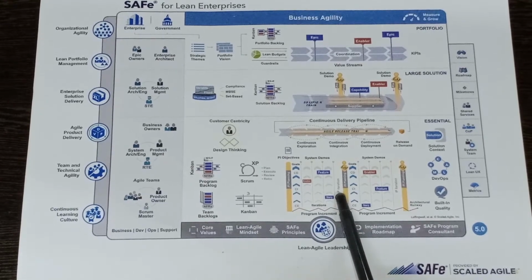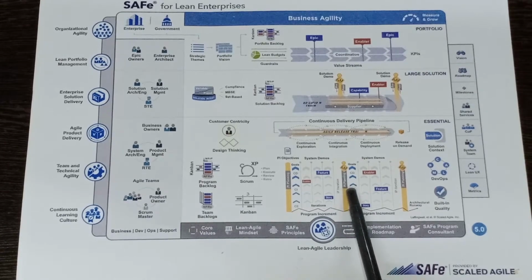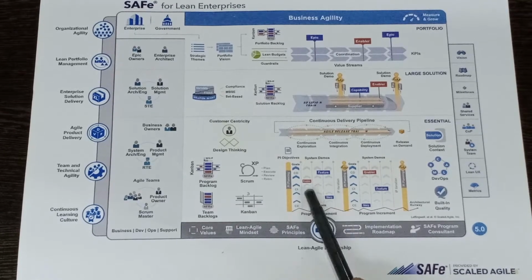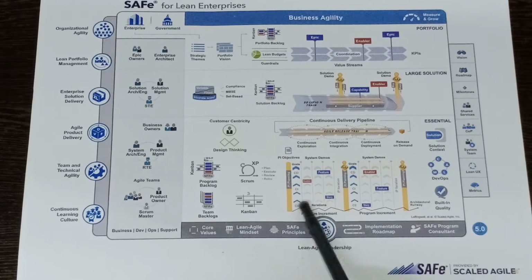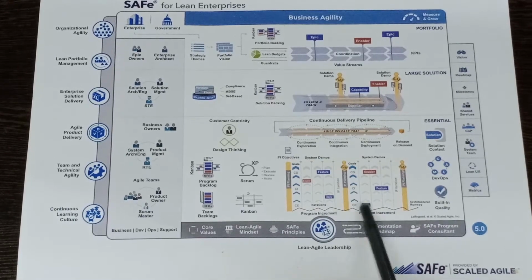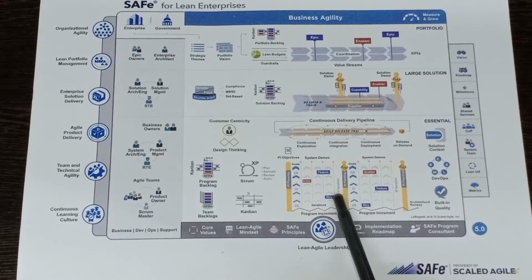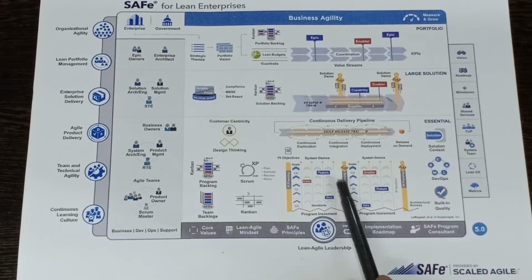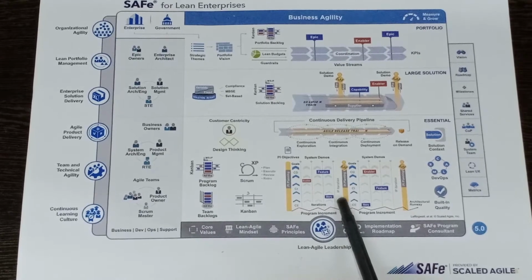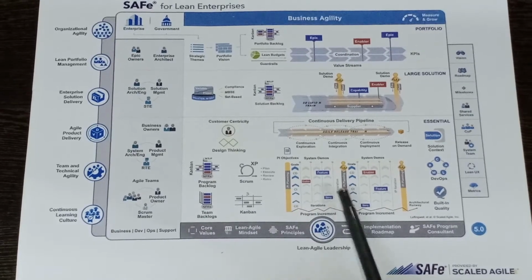Within the IP iteration, we do what we call PI planning, program increment planning, which is a 2-day, full-day event where the entire team within that particular program comes together and does planning for the next PI cycle. That is part of the IP iteration, which comes as the last iteration in the PI.